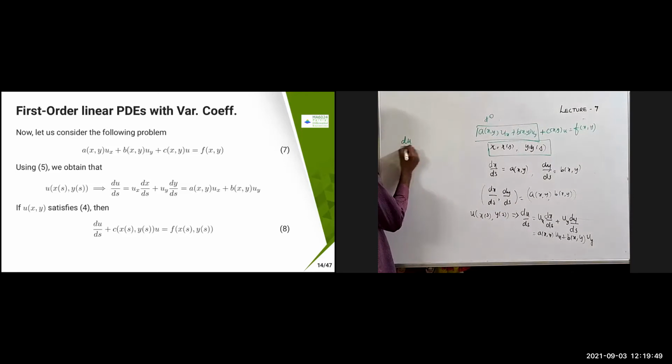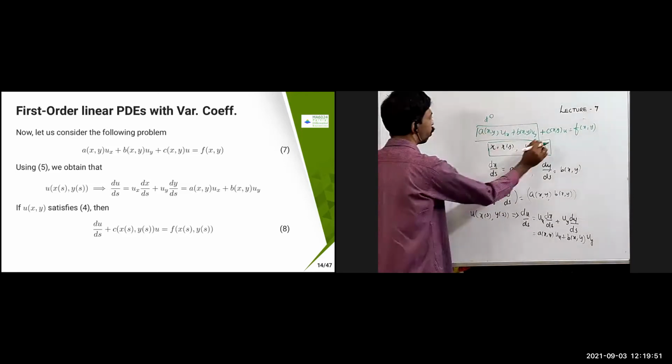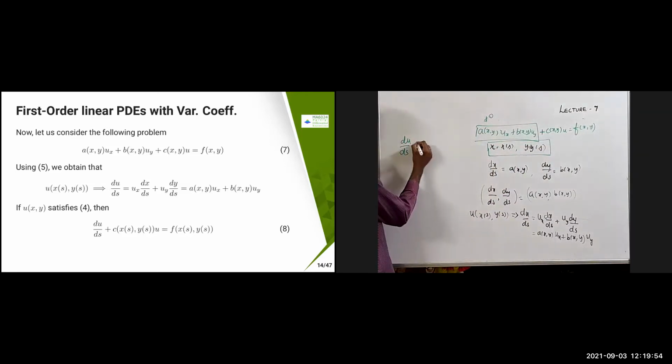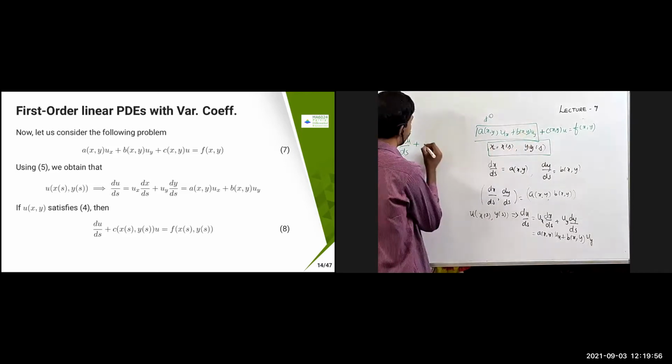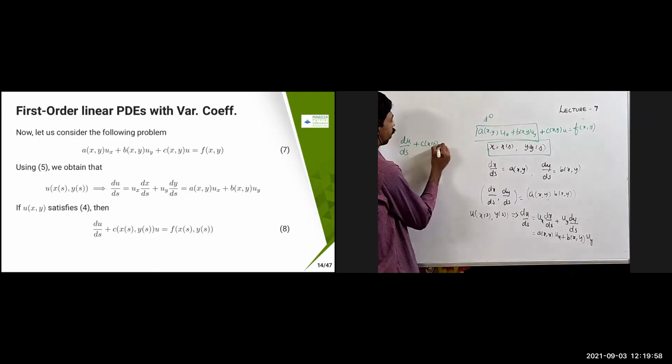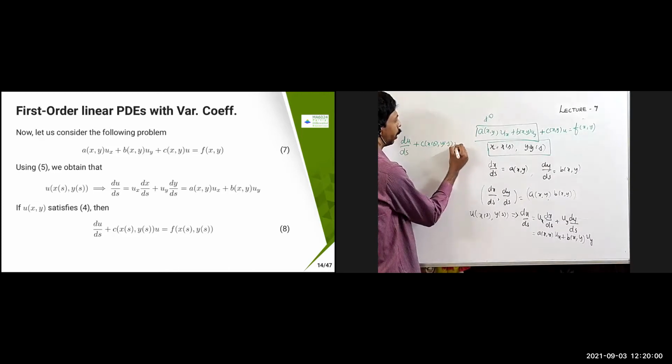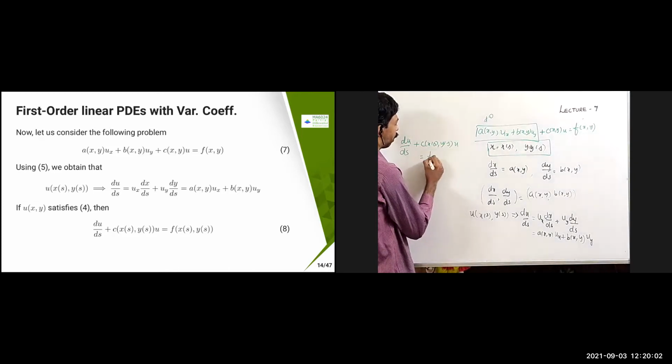Therefore this is going to become du/ds. So whatever I have boxed here is going to become du/ds plus c(x(s),y(s)) into u equal to f(x(s),y(s)).